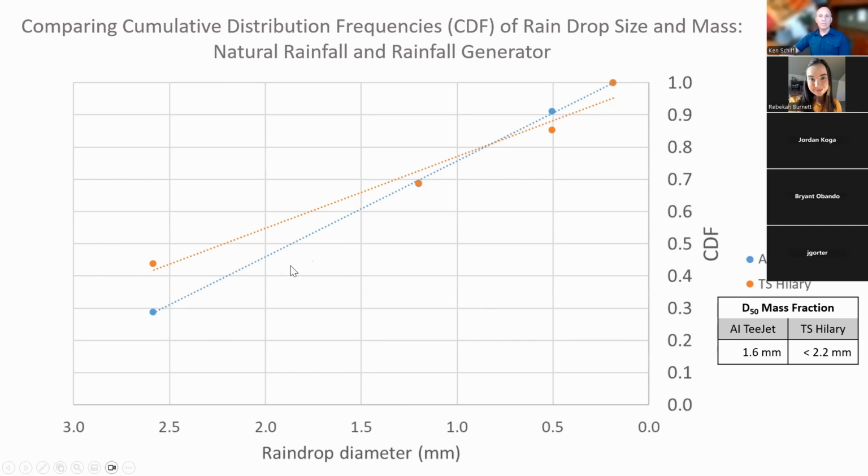Now, the blue line is what we were getting from the rainfall simulator. So it turns out this orange line is what we got from a natural rainfall event. And so you see, they come pretty close. We were pretty happy when we saw this graphic that we're doing pretty good with the nozzle and pressure settings that we have to mimic natural rainfall raindrop size and their distribution.